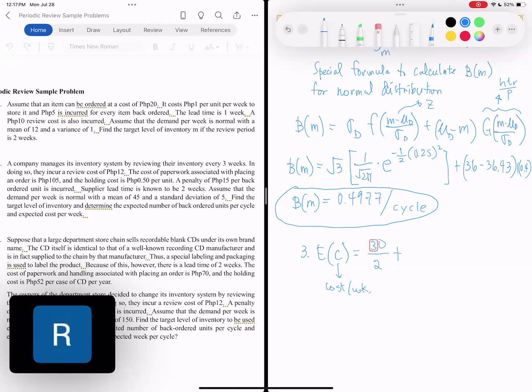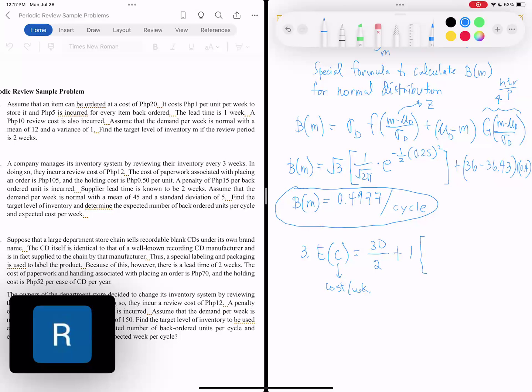And then you add the holding cost, which is 1. Okay, that's always per unit per T. Since the holding cost is 1 per unit per week, then you don't need to do anything. That's the holding cost that you're going to use in the formula.